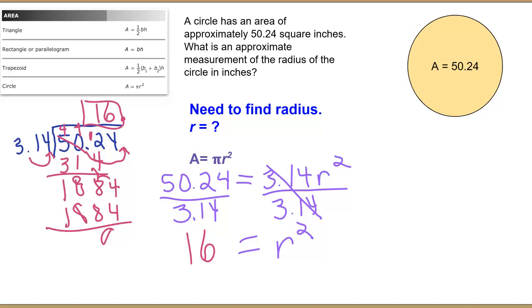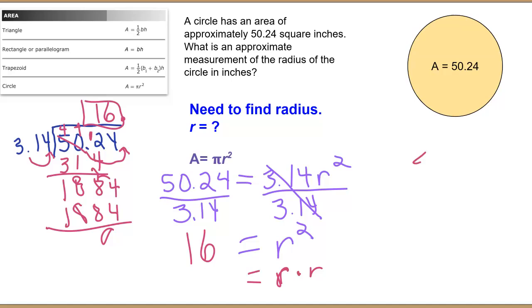If you remember from 6th grade, when something is squared, that's like saying r times r. So we've got to think to ourselves, what number times itself will give me 1,600?